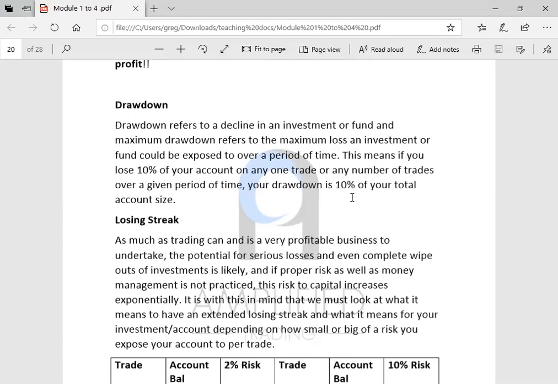Now, it also works with equity. Sometimes you have $1,000 in your trading account and you are currently losing $100. That means the money hasn't been taken out of your account. The trade is still open.